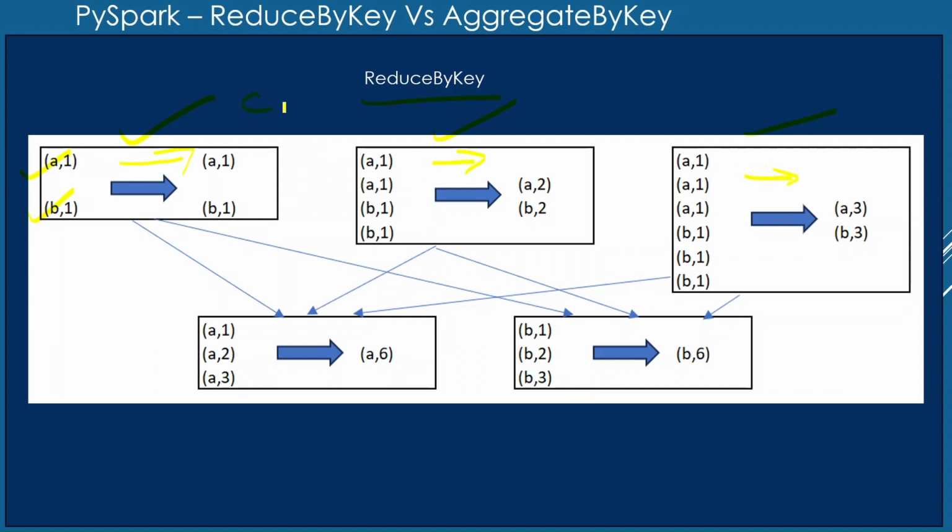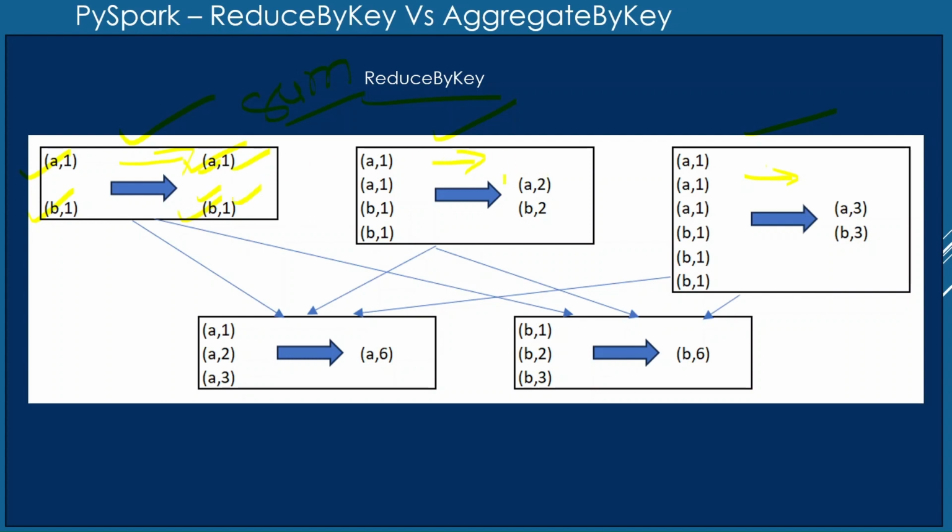Suppose the aggregation we are assuming here is sum. So the value is getting aggregated for each key. This is the key and this is the value, this is the key and this is the value.